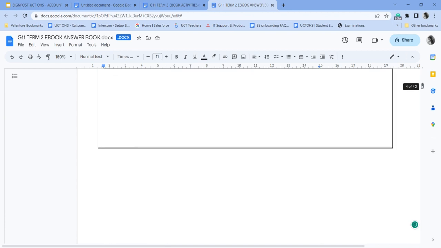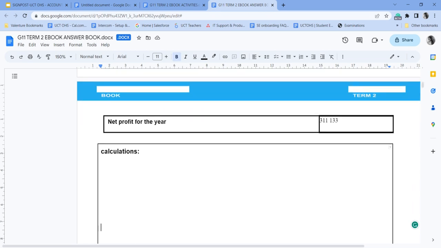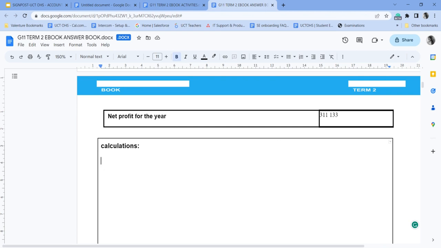So I'm just going to use this space here. If you were writing down on an actual paper in your exam, then you will have to draw a timeline. But in this case, I don't have a timeline, so what I am going to do is just write here.